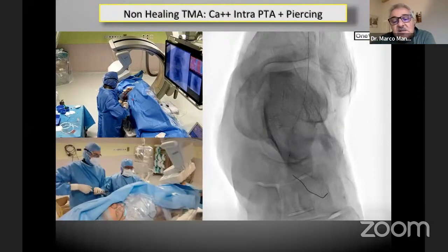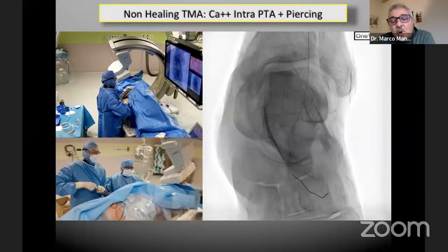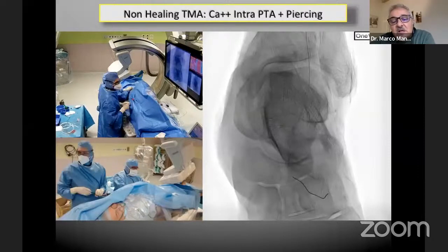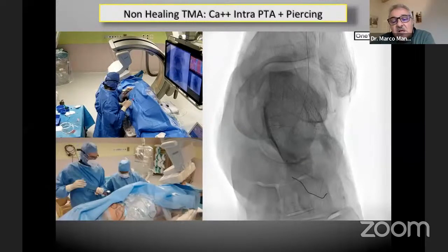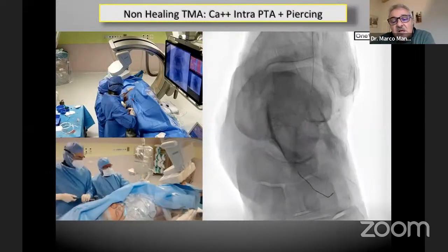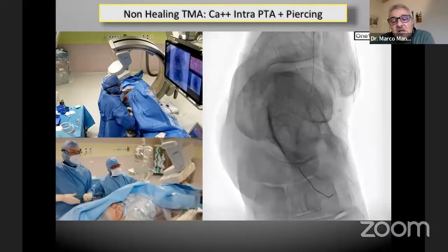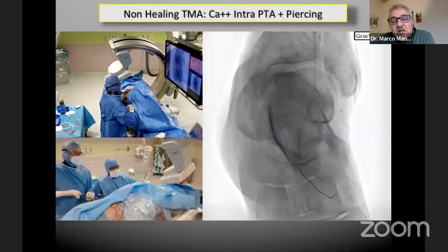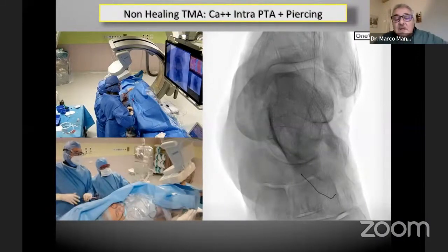This is a 1.5 by 2 centimeters Coyote ES Boston Scientific balloon, capable of crossing this very tight stenosis and preparing the vessel for the definitive dilatation. We use a 2 millimeter balloon.